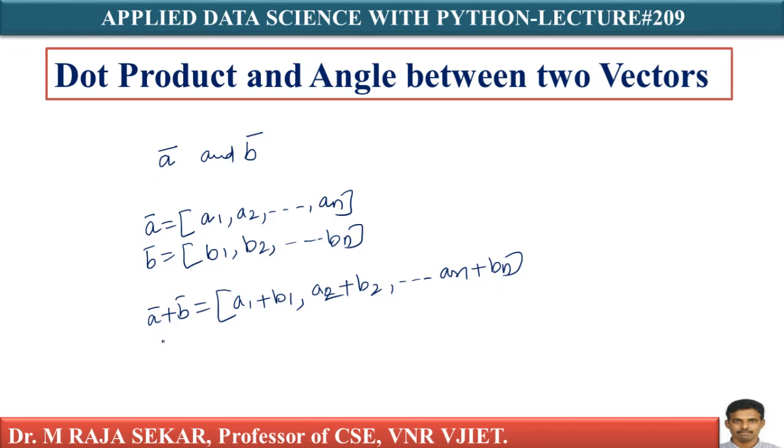The immediate question that comes to your mind: what about multiplication of two vectors? There are two types of multiplications. The first one is known as dot product, and the second one is cross product.